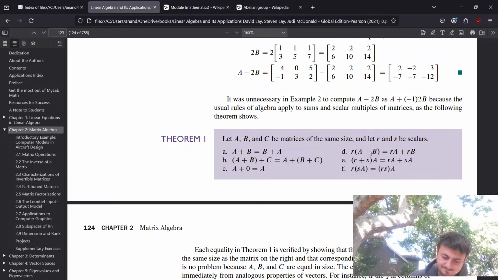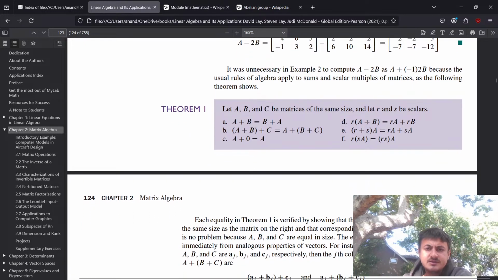Okay, then so this is A, B, and C. It's interesting that they leave out the inverse element, right? Okay.